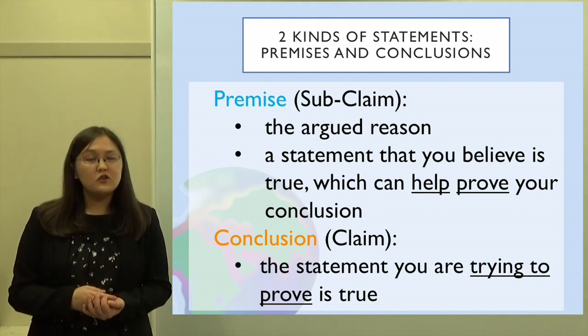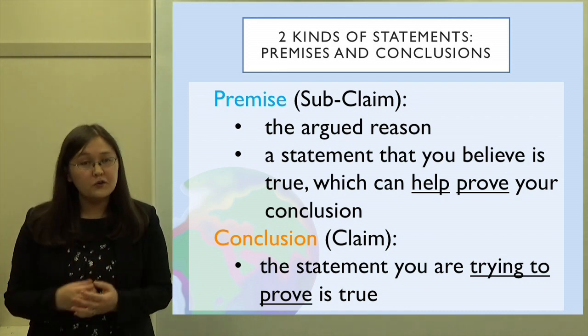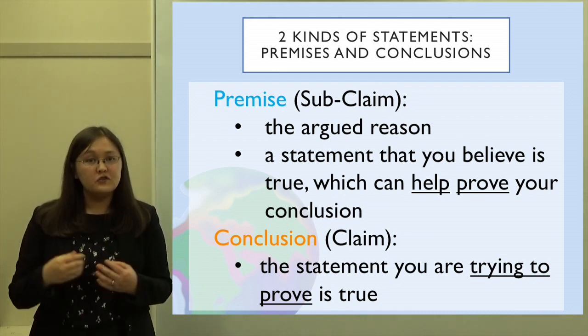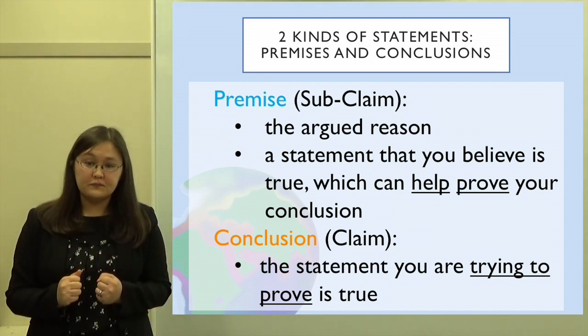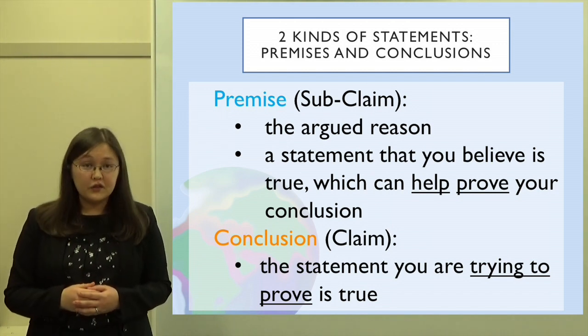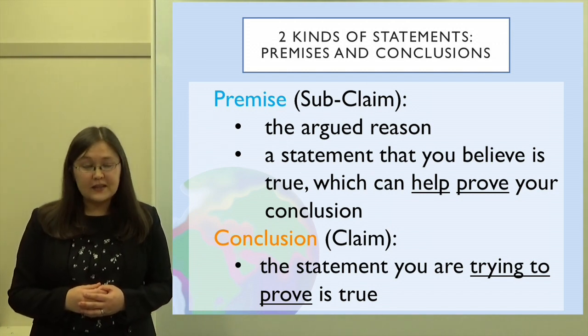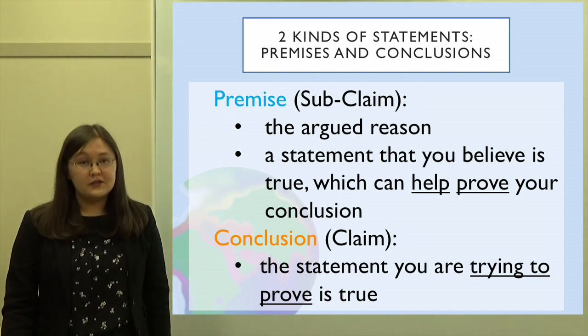So it's a statement that you believe is true. It would be the pieces of evidence, the arguments, whatever you can find to convince the reader, to help prove your conclusion. And your conclusion is the other type of statement that you need to use throughout your paper. That's the claim. It's the statement that you're trying to prove is correct.